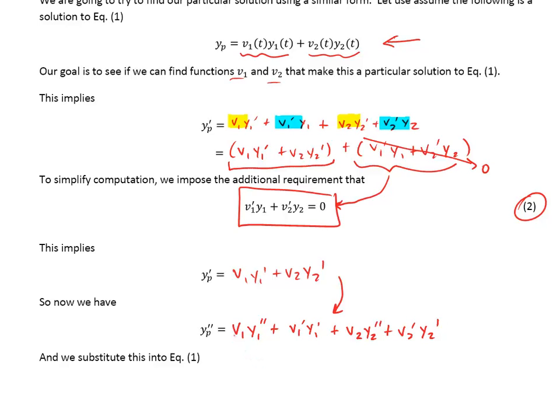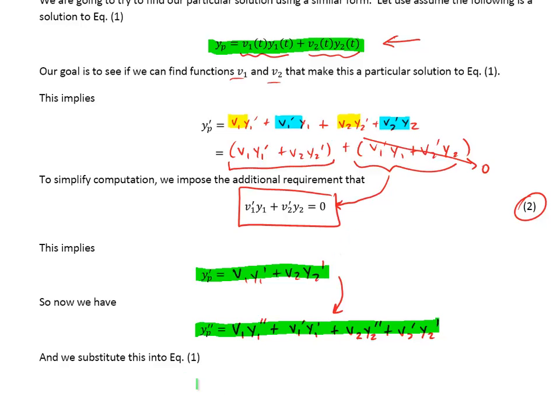So now I'm going to substitute, in fact, I'll do this in green. I'm going to plug this here and this, and of course the original yp, all back into equation 1.